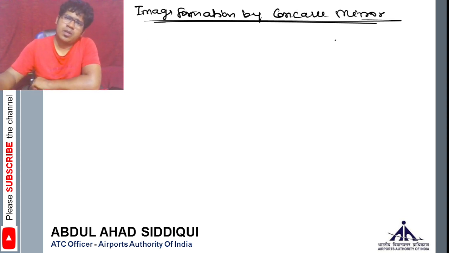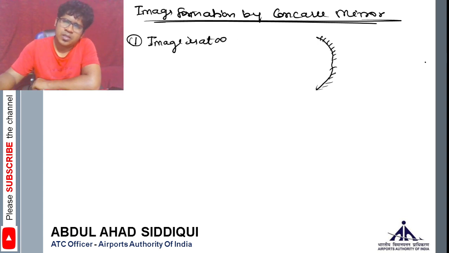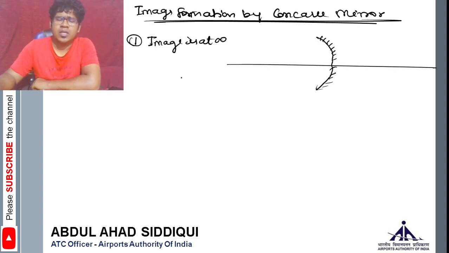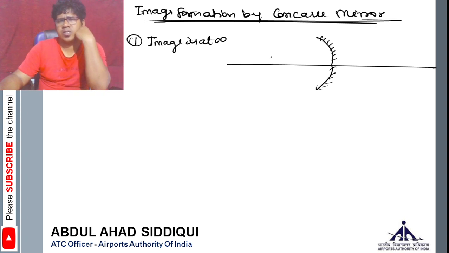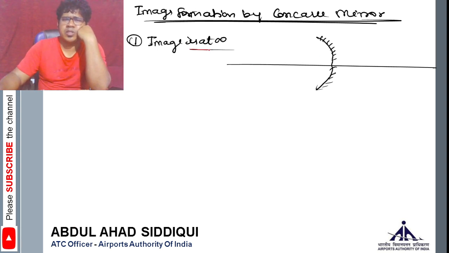Number one, let's say this is a concave mirror. When the object is at infinity, let's say this is the principal axis. At infinity means it is at a far distance, so any ray of light will appear to come parallel to the principal axis.